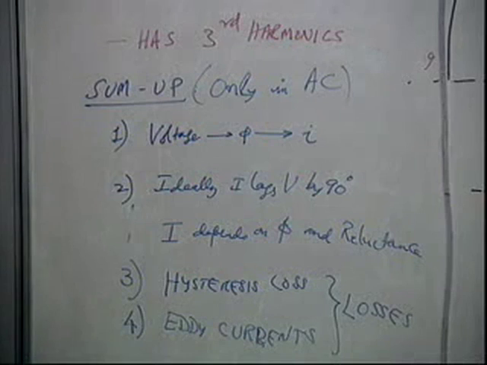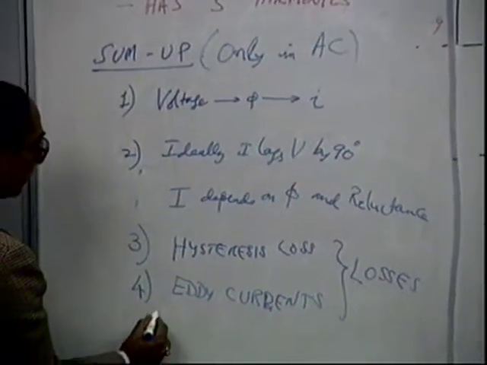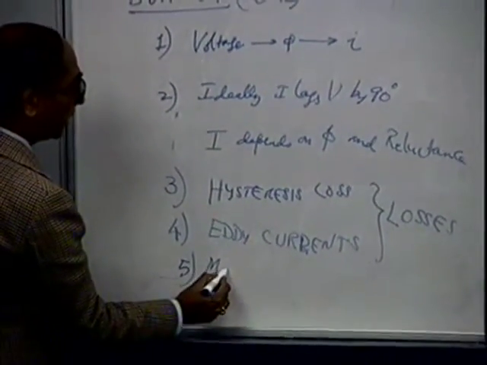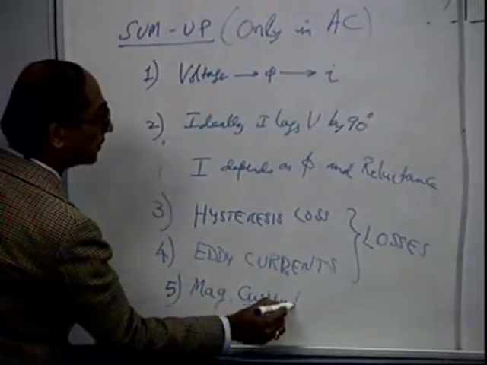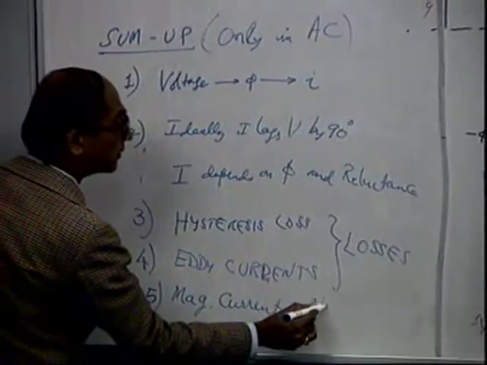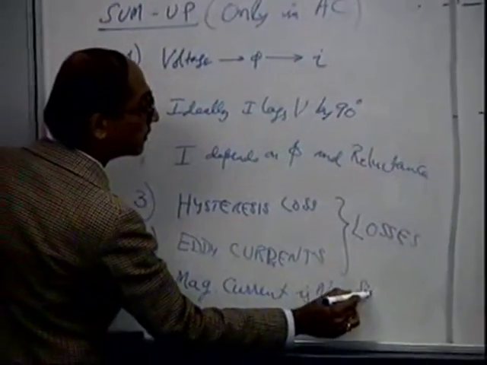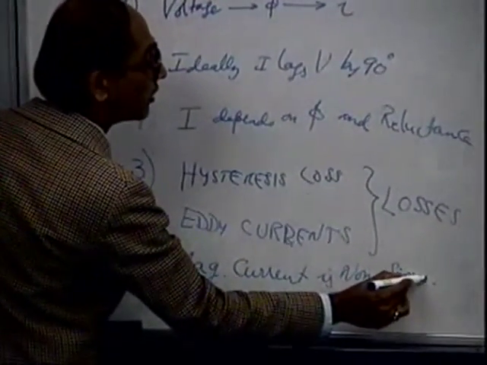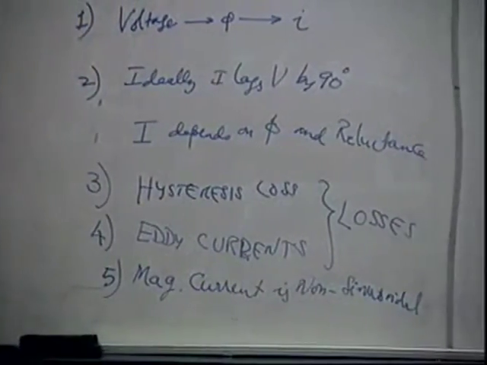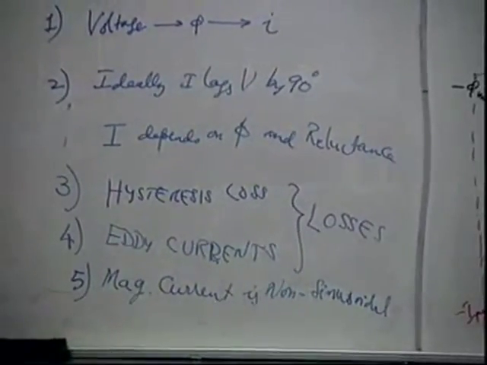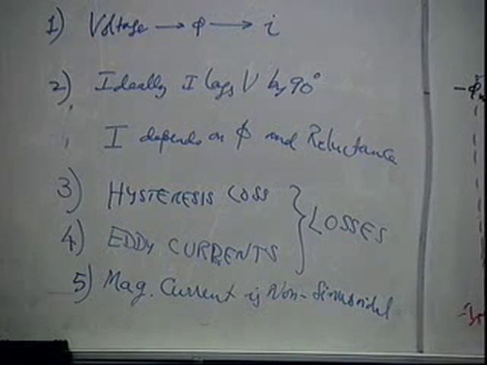All these phenomena are only in AC and not in DC magnetization. Then we also found out that the magnetizing current is non-sinusoidal, even if the voltage is sinusoidal.